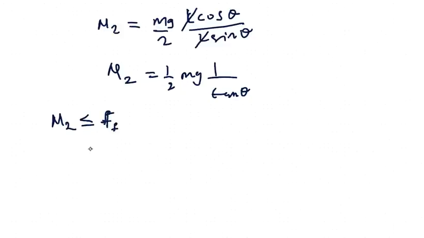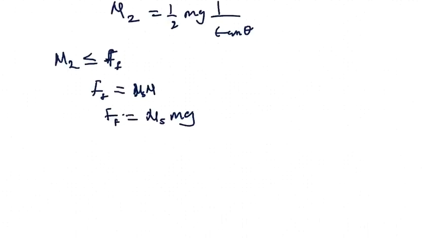And we have that Ff will be equal to mu static times n, and we've already gotten n to be mg, so we have that F will be equal to mu s mg.